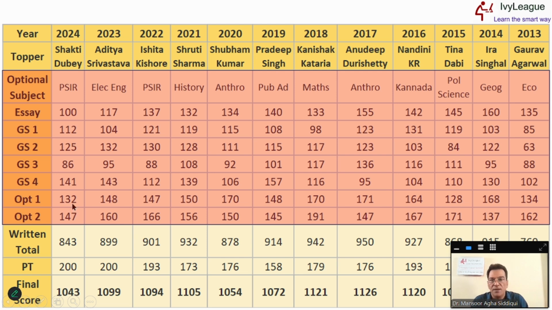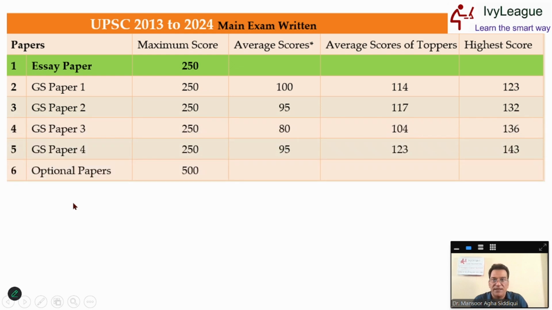When we analyzed the scores of all the students, comparing the average scores with the average score of toppers across the last 12 years, and the highest score anyone got in each of these papers, the first few things which emerged were that out of GS paper 1, 2, 3, 4, students on average get higher scores in GS paper 1, and the lowest scores in GS paper 3. In GS paper 2 and GS paper 4, they get almost the same kind of scores.